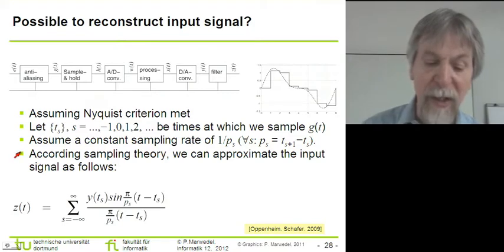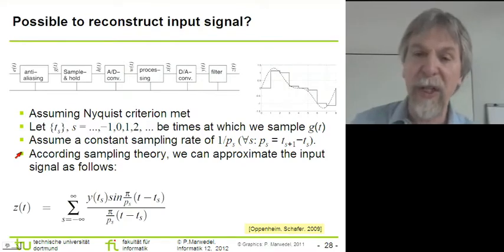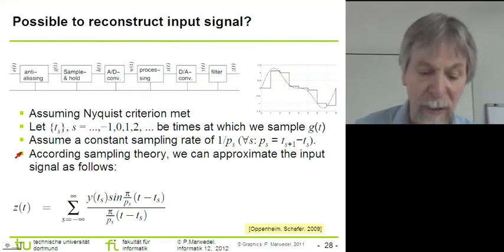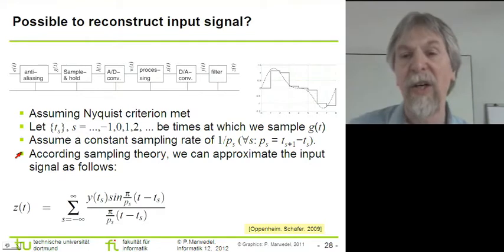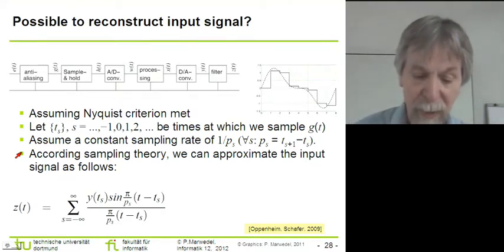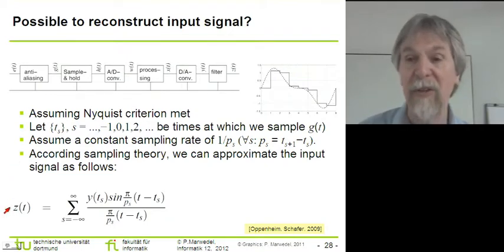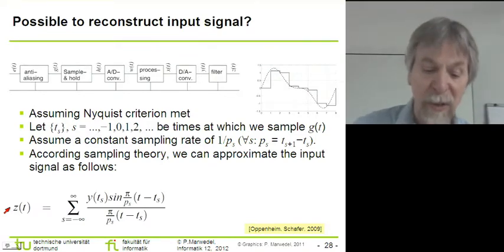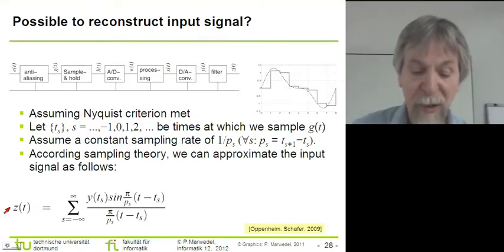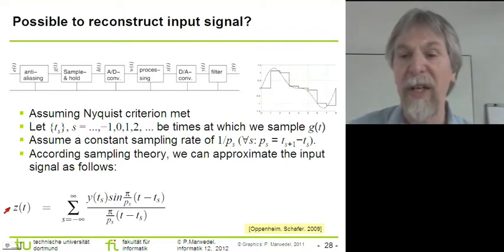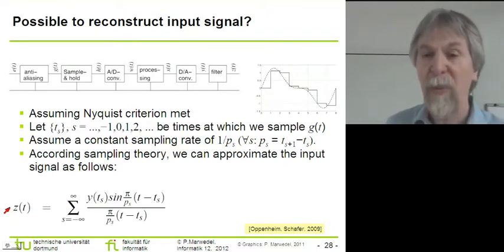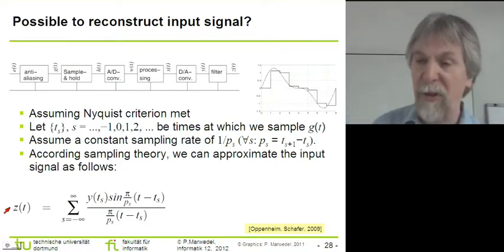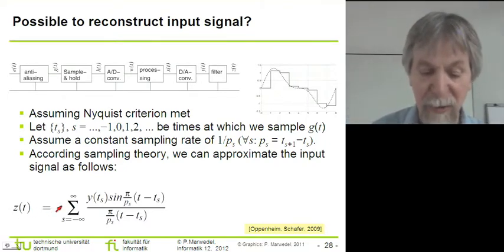So the question that I raise over here is, are we able to somehow interpolate between the different samples such that we are able to approximate the original input signal? And now I have to refer to the theory of sampling without actually being able to present you all the mathematical details there. Sampling theory tells us that yes, it's indeed feasible to approximate the original input signal, which is very nice for these people that like to listen to digital music, and we can do this in the following way.